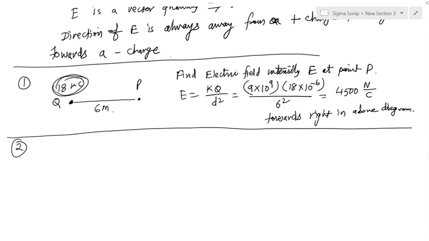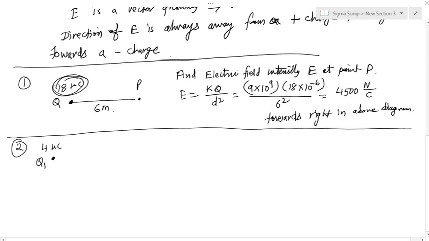And example number 2, here we will look at two electric fields because of two charges, and then we will do vector addition. Just to again remind, E is a vector quantity. So if we are trying to find net electric field because of two or more charges, we need to do vector addition. So this is my next example here. I got 4 microcoulomb here. Let me call this Q1.